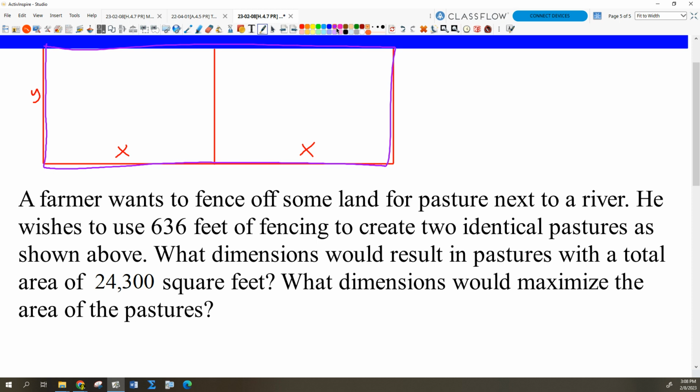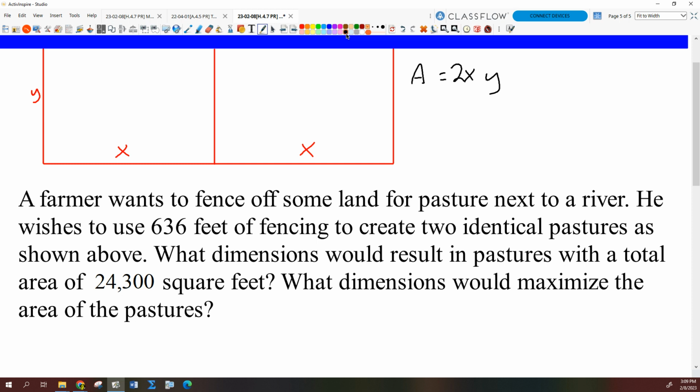The width is y, and the length is 2x. All right, so area equals 2x times y, correct? Okay, good. Area is 2x times y.